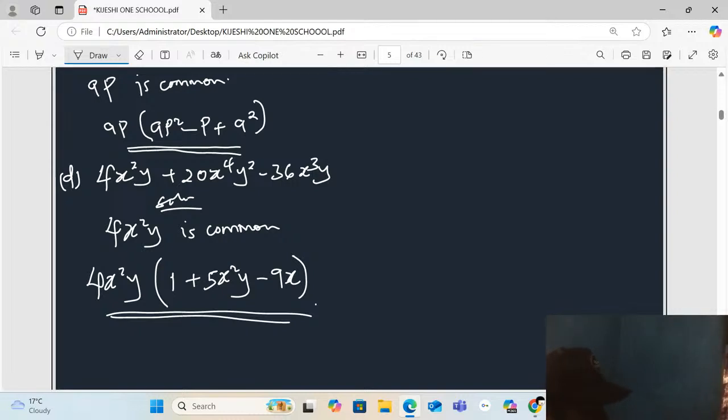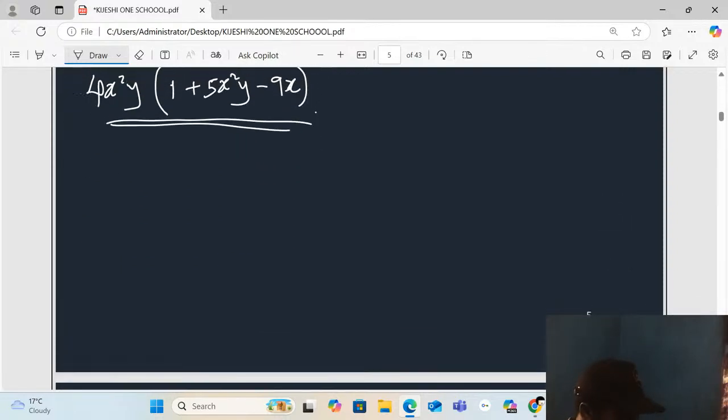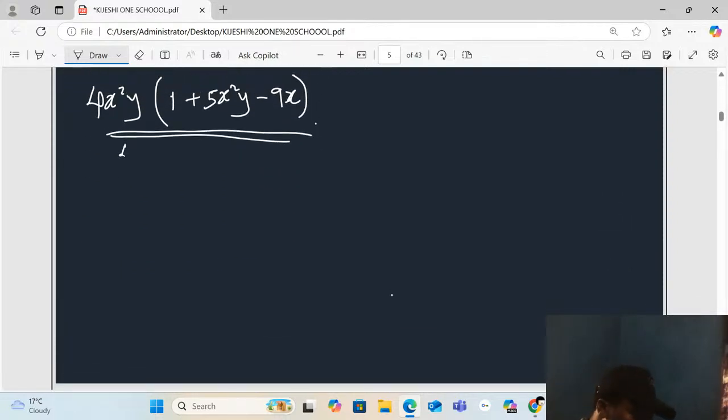Algebraic expressions. Now, let us look at this example. Let me see if you can interpret this example, and call it example 2.